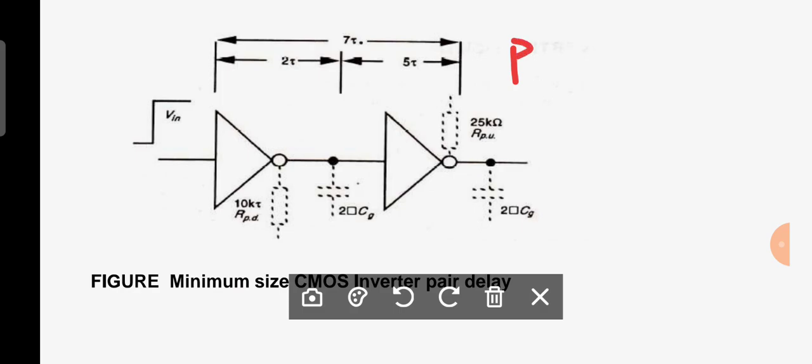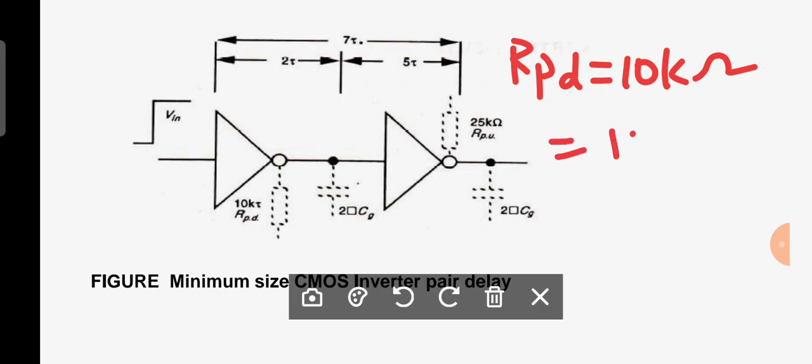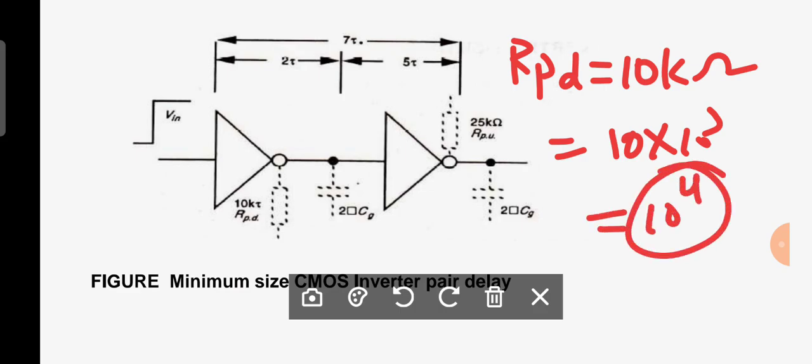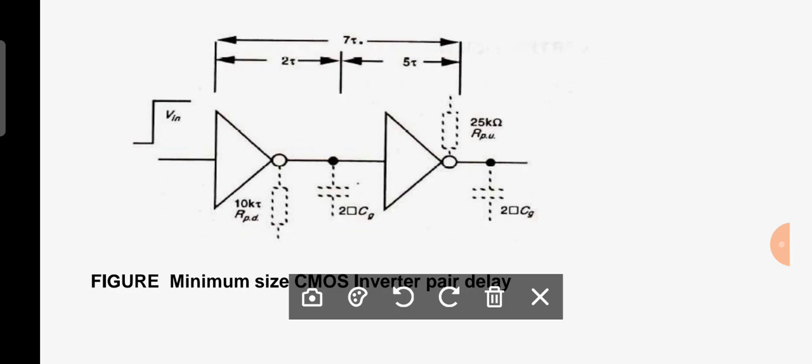Now the pull down resistance they have given as 10 kilo ohms. I am converting this into sheet resistance. You can write 10 into 10 power 3, which is 10 power 4. This is 1 Rs of NMOS. That means for NMOS you are having Rs equal to 1.